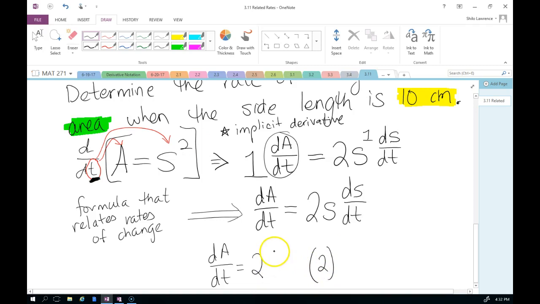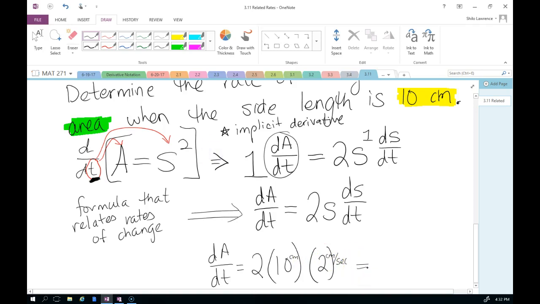When the side length is 10, that is our static value, that's just s, which is 10. So this is in centimeters, this is in centimeters per second.